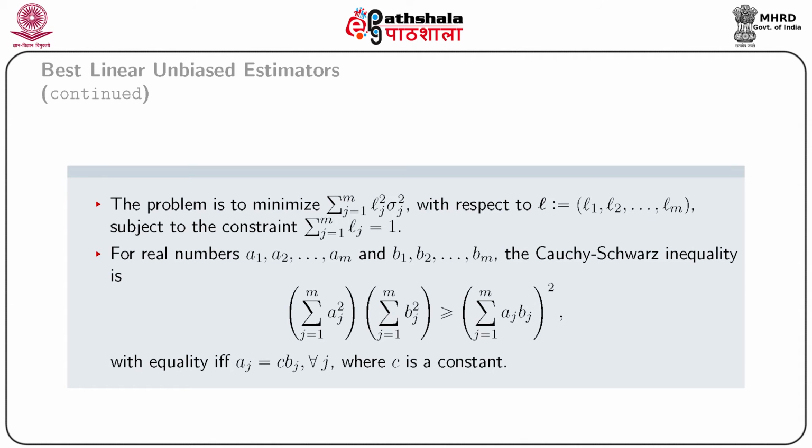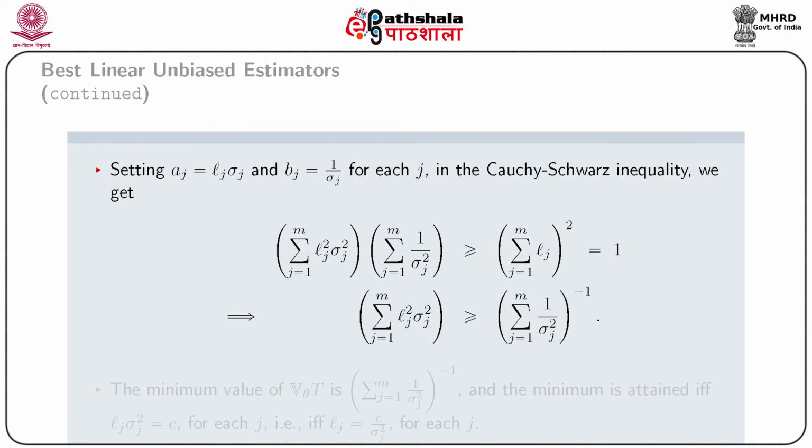To solve the problem, we consider the Cauchy-Schwarz inequality. By the Cauchy-Schwarz inequality, for any two sets of real numbers a1, a2, up to ak and b1, b2, up to bk, we have summation of ai² times summation of bi² is greater than or equal to summation of ai bi whole squared, where the equality sign holds if ai equals some constant c times bi for all i.